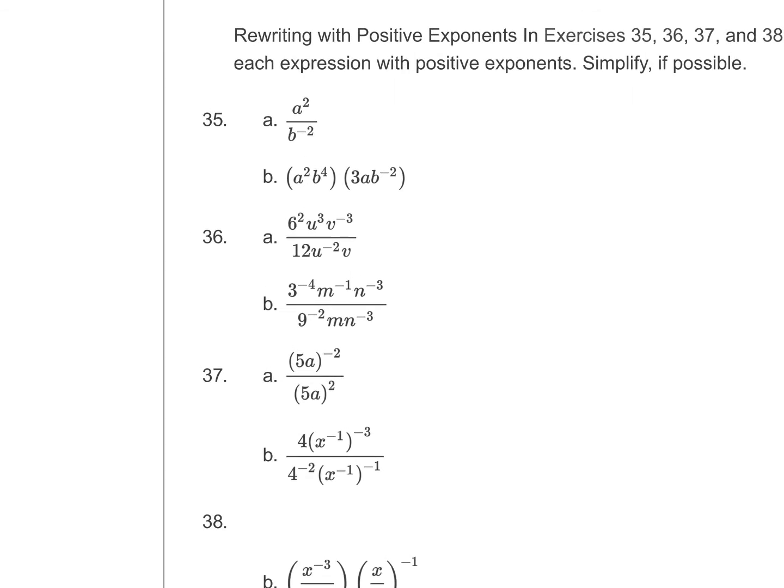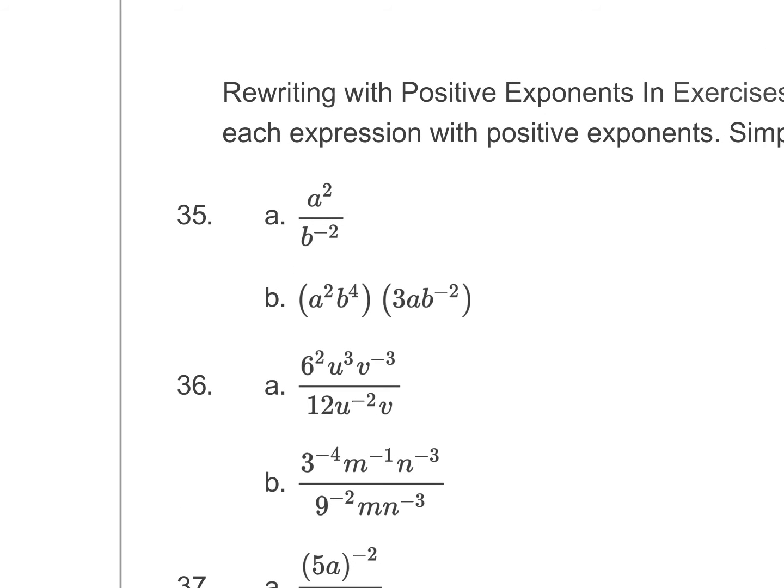And then this one, this was just working with your negative exponents. So here, whenever you have a negative exponent in a fraction, to make it positive, you just move it to the opposite spot. So the a squared was positive, it stays there, and just move the b to the -2 up to the top.